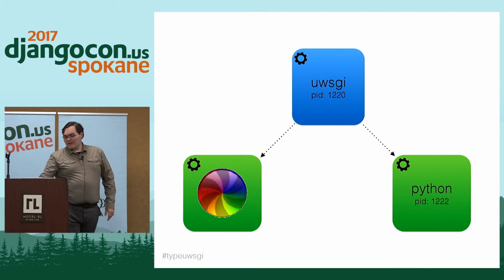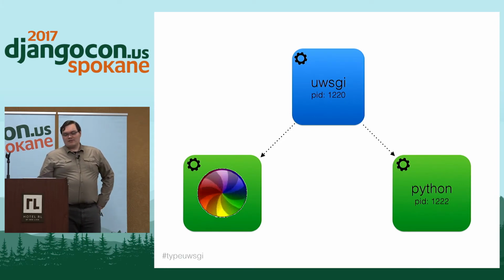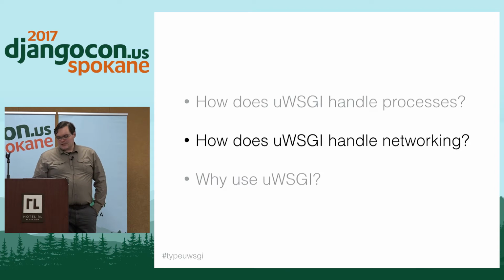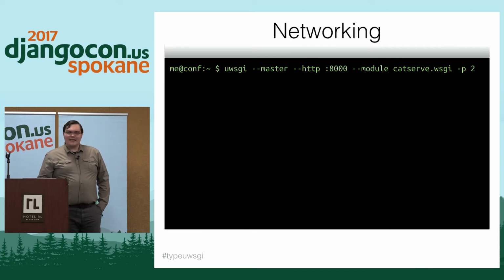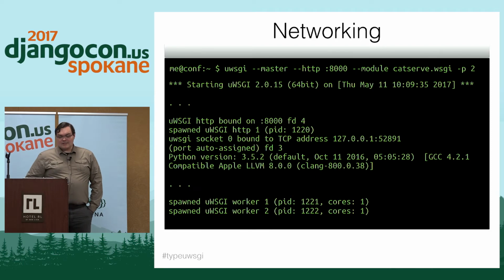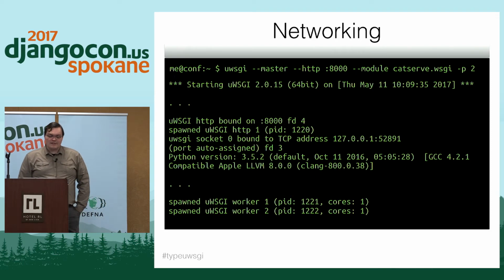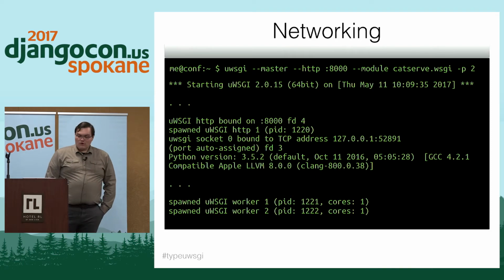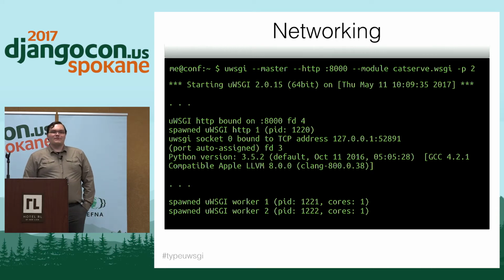But let's talk about what I mean when I say routing requests to those different processes. So if we go back to that command, I'm passing in HTTP 8000, and that's telling uWSGI, I want you to run this application on that port. And so if we look a bit closer, we're going to look at the middle section of output now, where we see some kind of relevant information that uWSGI is telling us.